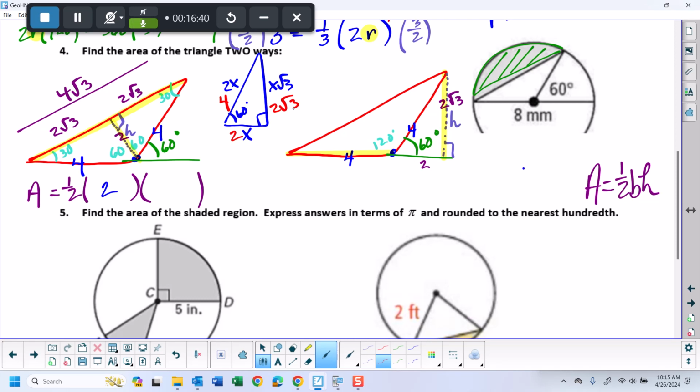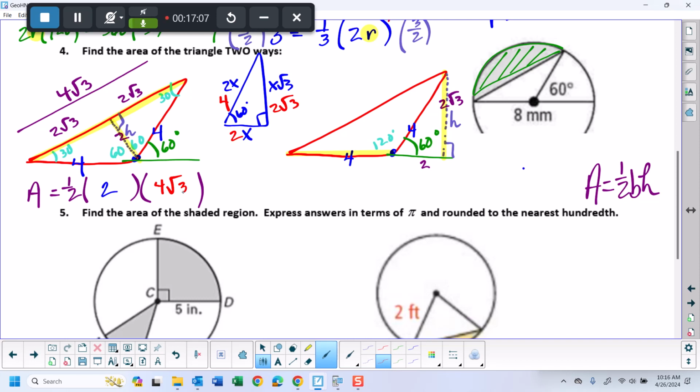So if you have 2 kitty cats, and I have 2 kitty cats, together we have 4 kitty cats. If you have 2 calculators, and I have 2 calculators, together we have 4. If you have 2 roots of 3, and I have 2 roots of 3, together we have 4 roots of 3. So the base of that triangle is going to be 4 roots of 3.